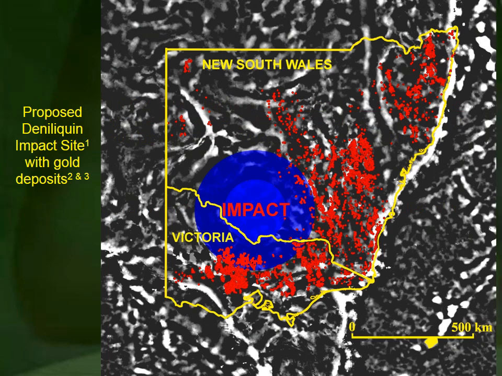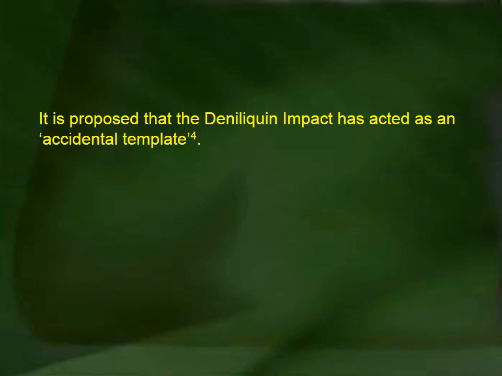That grander scale pattern can be recognized by analyzing the proposed Deniliquin impact site with the gold deposits in the Lachlan Fold Belt. It is proposed that the Deniliquin impact has acted as an accidental template.